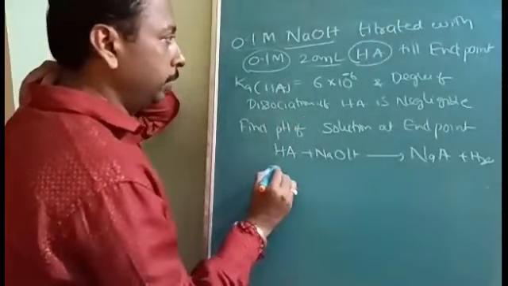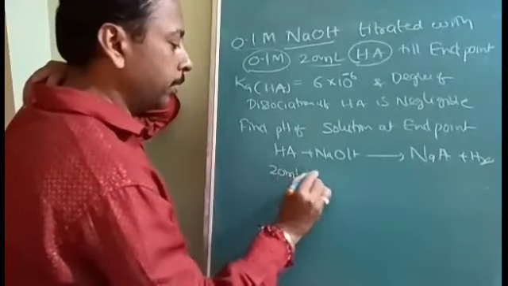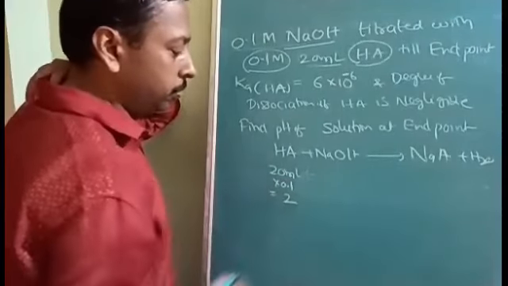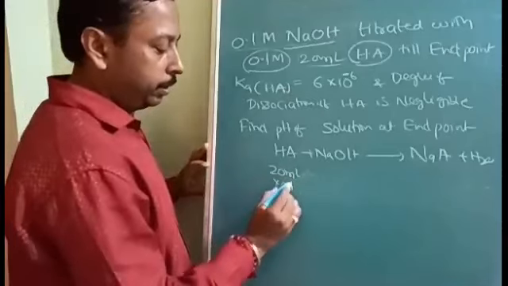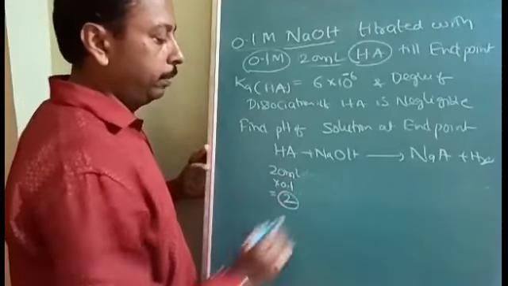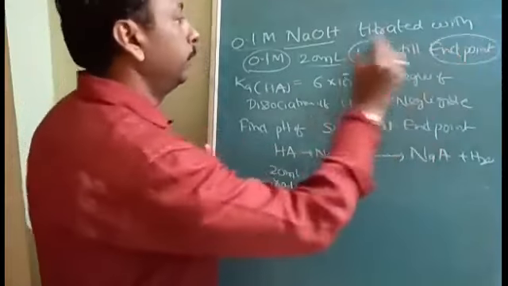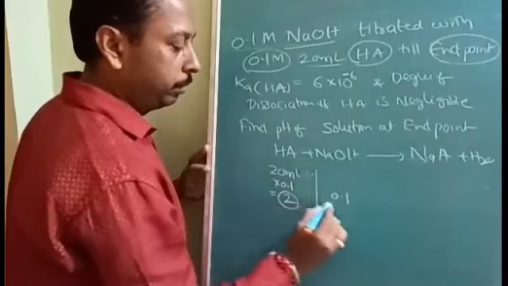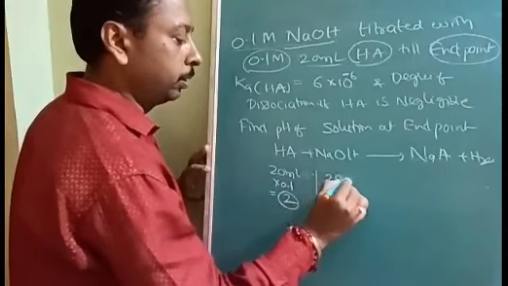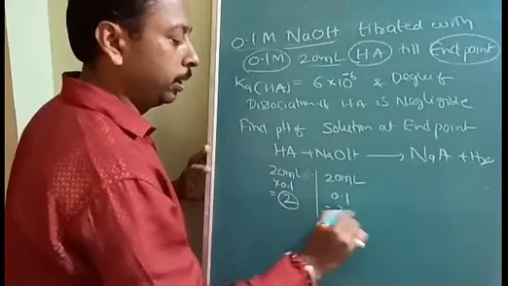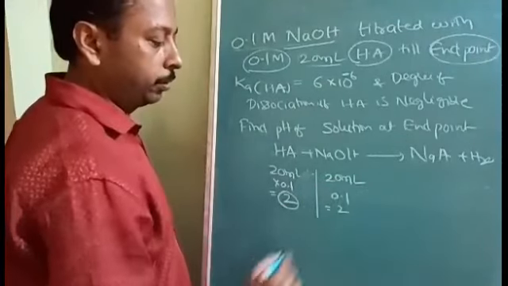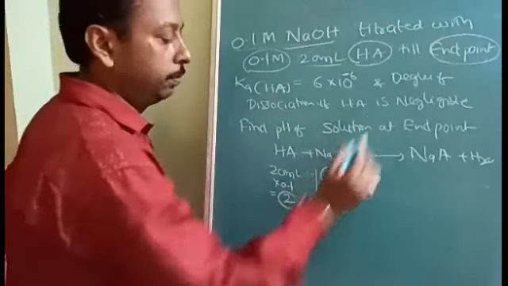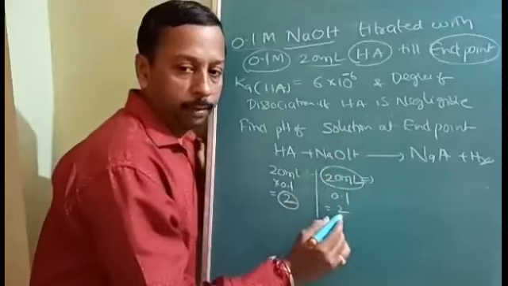Now here we are using 20 ml of 0.1, so milliequivalent will be how much? 20 ml of 0.1 means milliequivalent of acid available is 2. At end point we have 0.1 NaOH, so for end point these two milliequivalents must be same. So this will also be 20 milliliter only, then only we will get 2 milliequivalents. So volume of NaOH is 20 milliliter. To reach end point, both milliequivalents must be same.